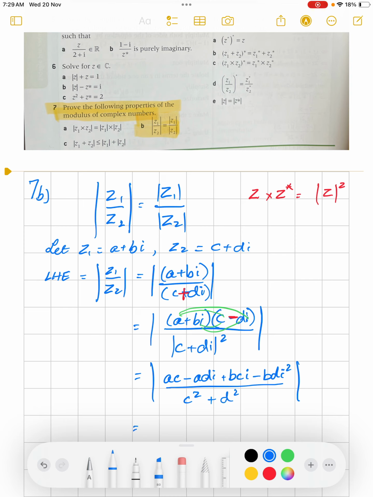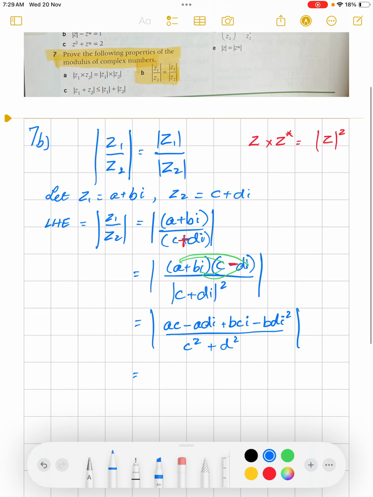And what have we got on the numerator? We will put the real components together, AC, and this term on the end here, since I squared equals -1, minus BDI squared becomes minus BD times -1. So we will change that to positive BD.